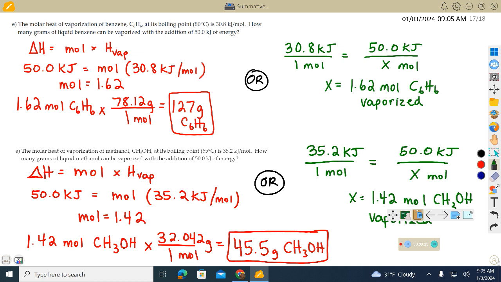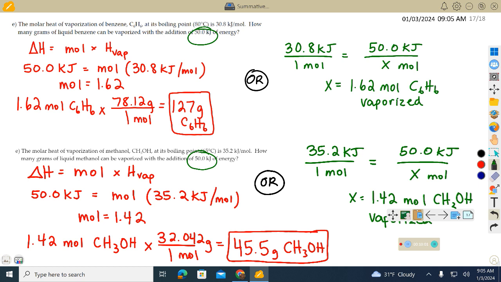In this case, I was given the 50 kilojoules of energy. That's the amount of energy I have. And I want to know how many moles can I vaporize? If I know moles, then I can just turn moles into grams. So you could set it up like in red, where you've got the delta H, that's the 50 kilojoules.